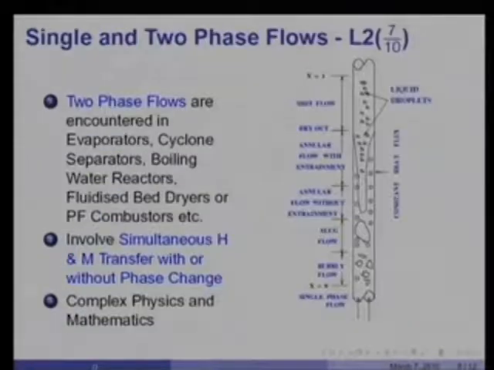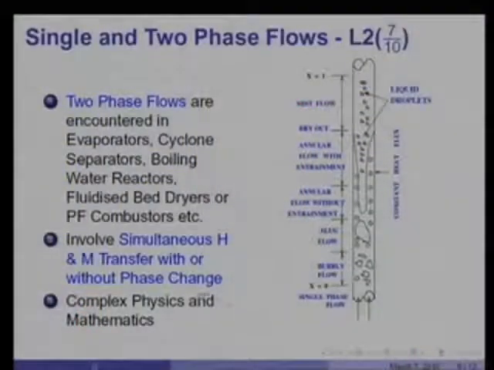And then of course the single and two-phase flows. Now this of course is of great interest in mechanical engineering, particularly in boilers. What happens in boilers is that you have, say, single phase water entering at the bottom of a tube and heat transferred by radiation and convection, as we saw in a PF furnace.